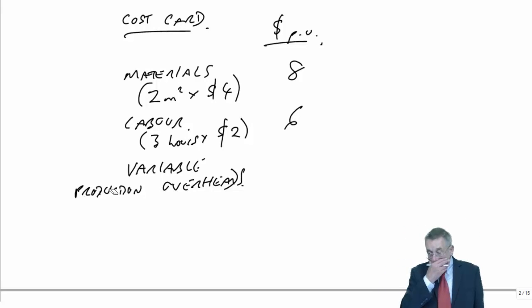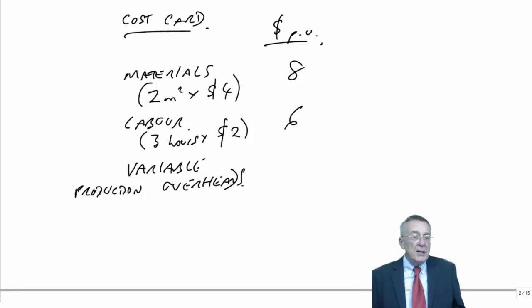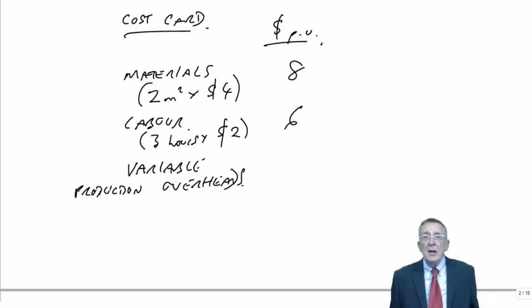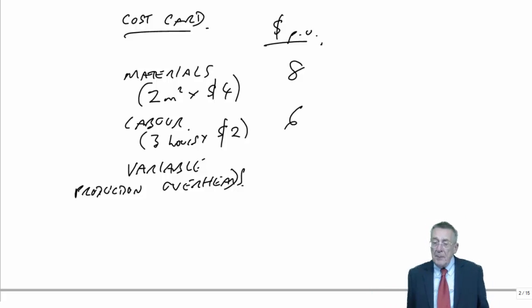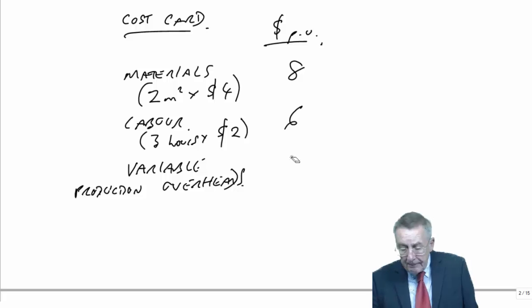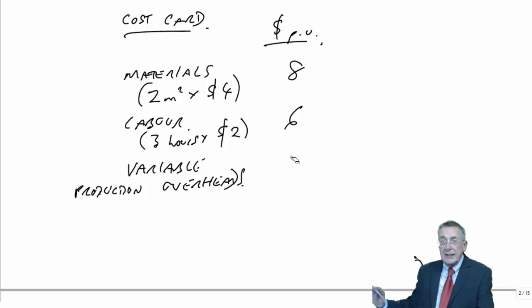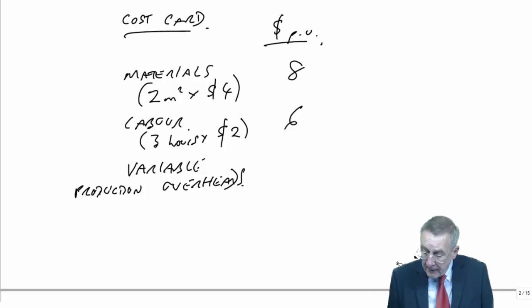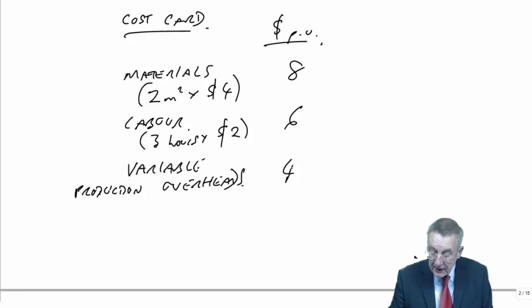So here, things like perhaps electricity for the machines. The more units we produce, the more electricity we use, the more the total overhead will be. Maybe difficult to cost. We'll talk more about that in a later chapter. But maybe I've estimated that these variable overheads come to $4 a unit.